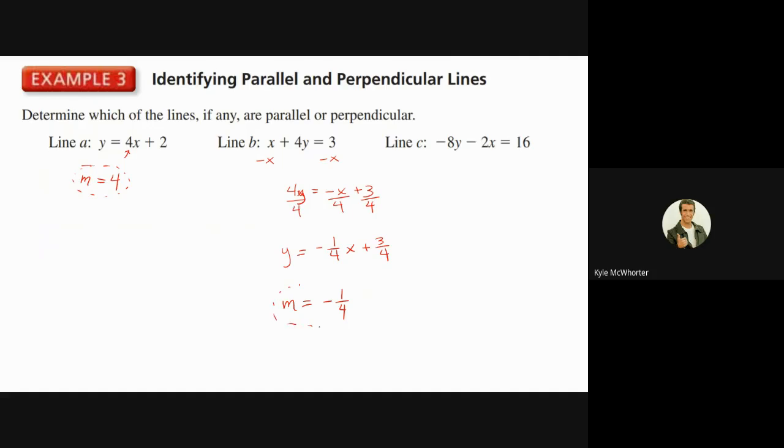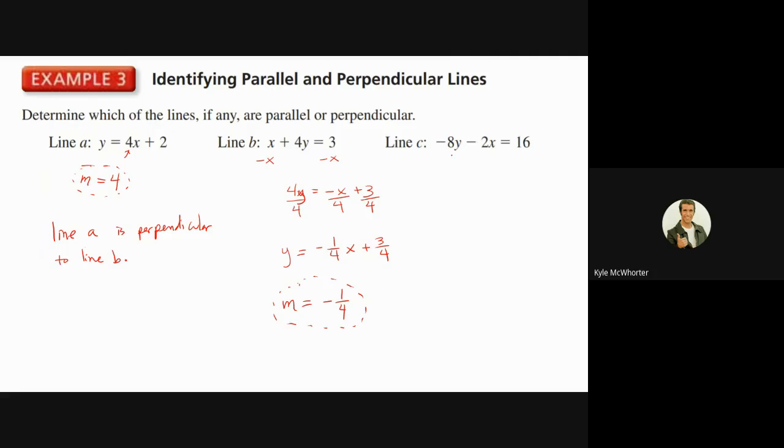Second one, the slope is negative 1/4. Those are opposite signs and they're reciprocals. So I know right now I can say that line A is perpendicular to line B because they have opposite reciprocal slopes.